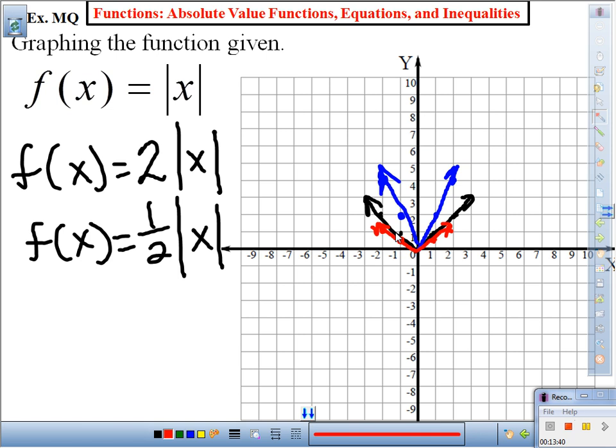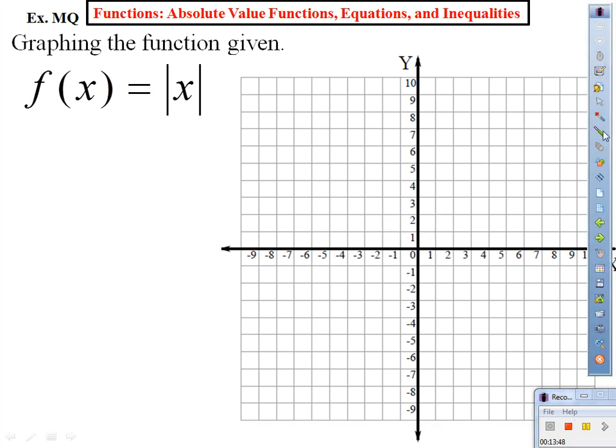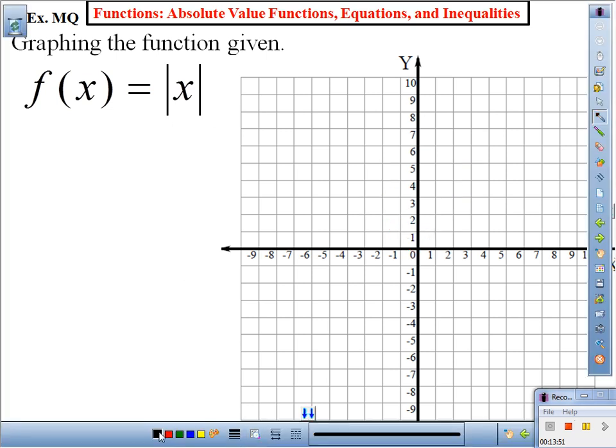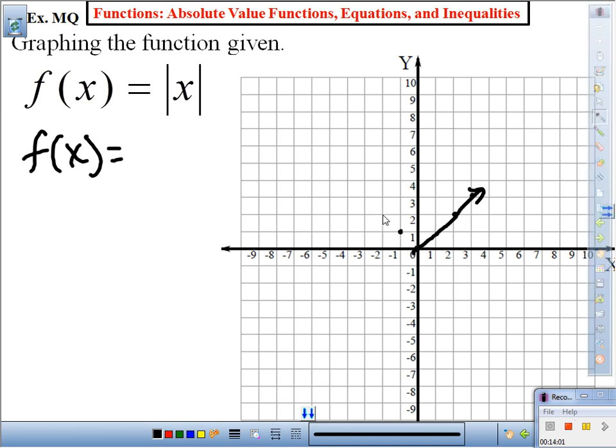Are we doing yes? All right. Last, let's see, before I move on to the inequality. F of x equals, let me draw first the original one. All right, so that's this one. Let me show you now this.